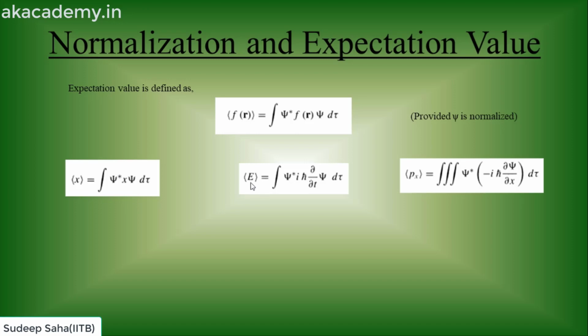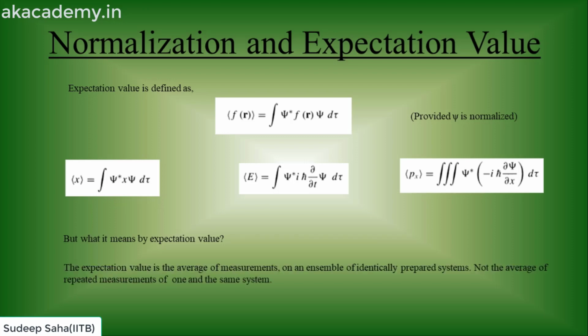For energy we'll write ψ* iħ ∂/∂t ψ dτ, and for momentum we'll write a vector integral. It is also a volume integral: ψ* (−iħ ∂ψ/∂x) dτ.